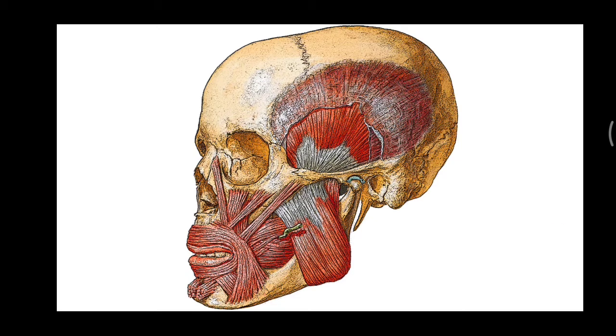The next muscle among the muscles of mastication is temporalis, that is this muscle. As you can see, it is a fan-shaped muscle, arises from the floor of the temporal fossa below the inferior temporal line and from the overlying temporal fascia.